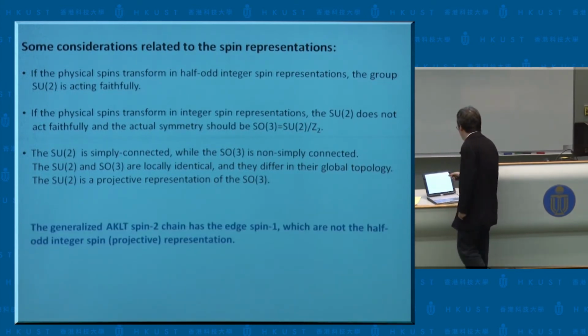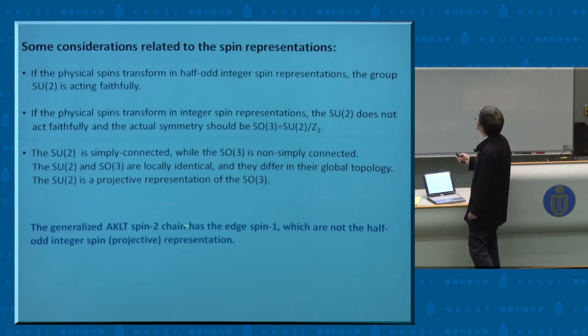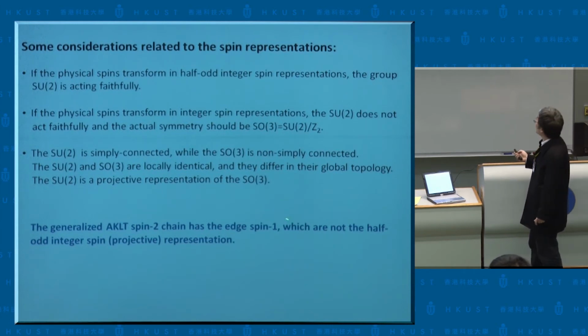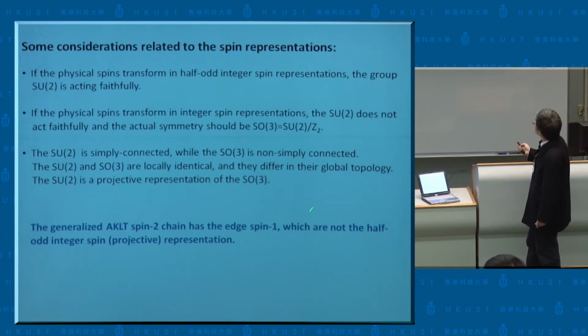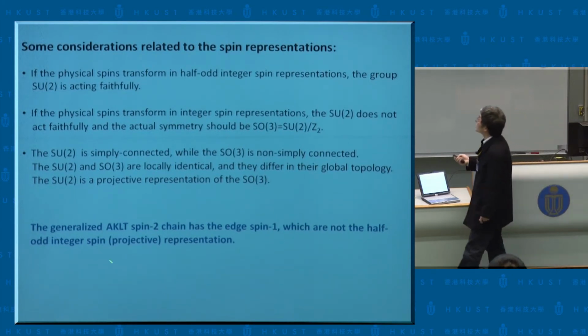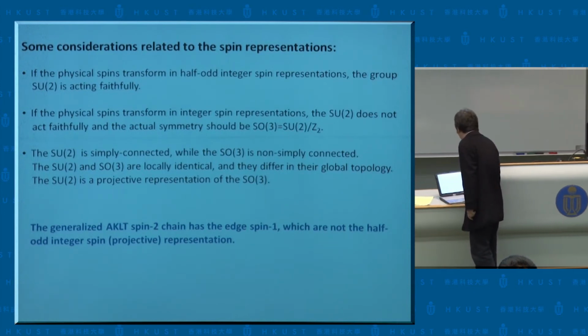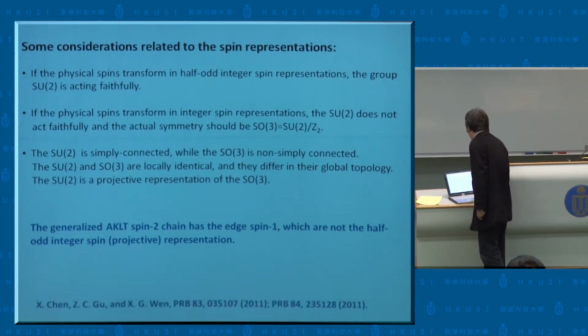For this generalized AKLT spin 2 chain, its edge spin is spin 1, which is not a half-odd integer spin representation like in the spin 1 chain case.